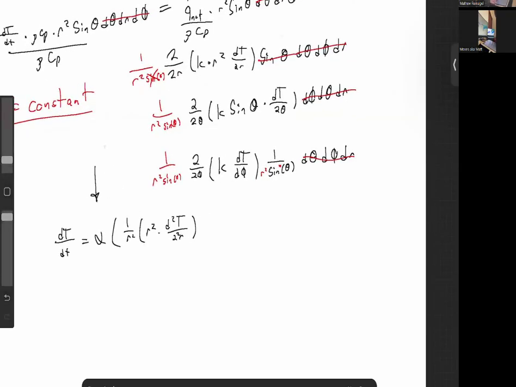And then this would be plus 1 over r squared, and this sine moves forward because they are the same expression.